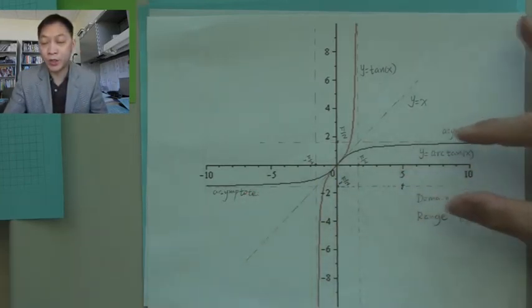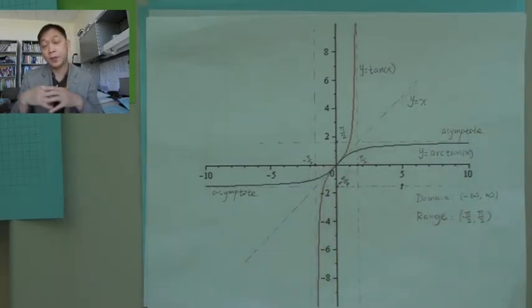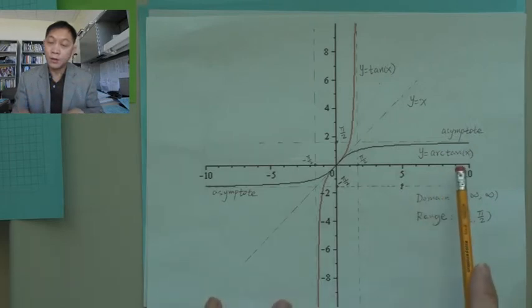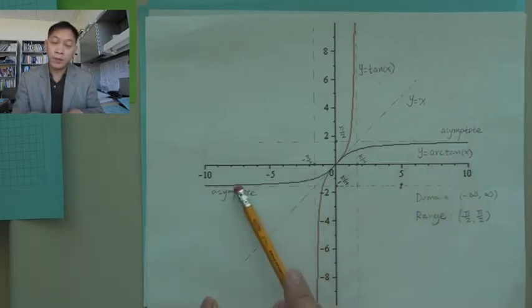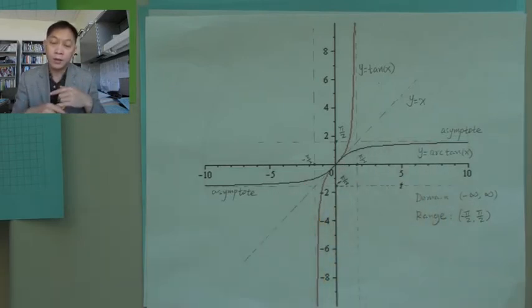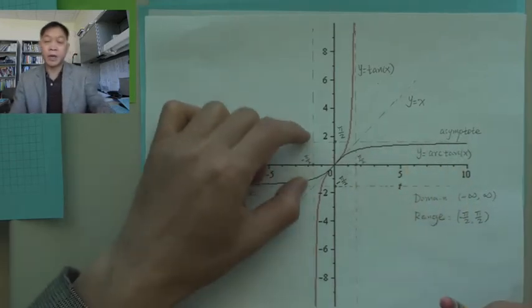Output is restricted in a band, and boundary points are not included. These are different for arcsine. Arcsine, the boundary points are included. You may go back to review that. And the domain and range both are restricted. And here, the domain of arctan is not restricted, and the range is restricted in the band.